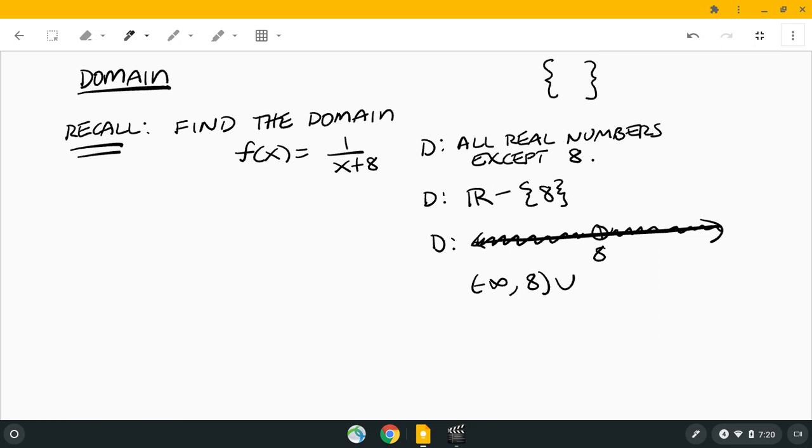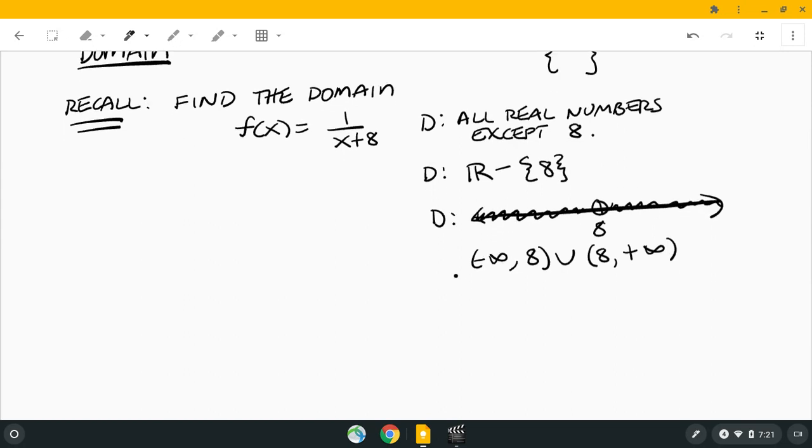And union. So we're basically saying this group over here together with this group over here. So -8, but not including -8. So again, parentheses, all the way to positive infinity. And this here, interval notation, is what will be expected from you guys.